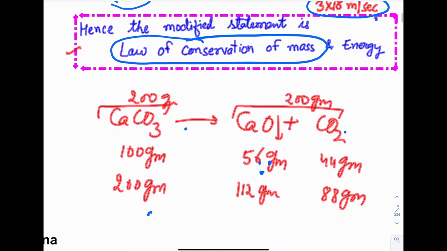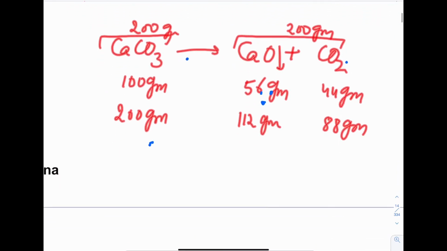Just one more example. Calcium carbonate. If we take 100 gram of calcium carbonate, it will give 56 gram of calcium oxide. Then how much CO2 will be formed? This we can easily find out by the difference.